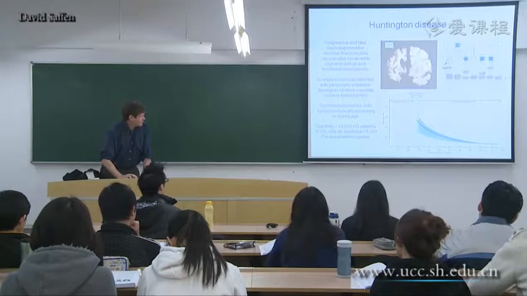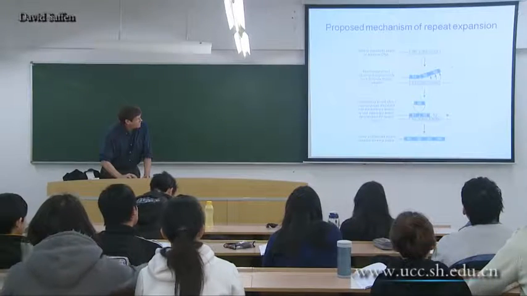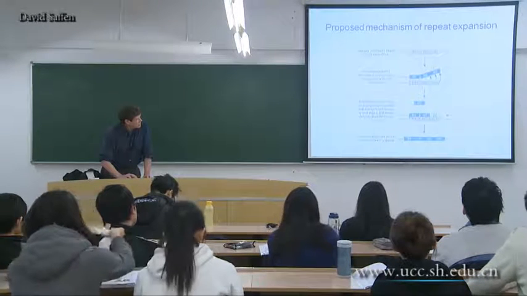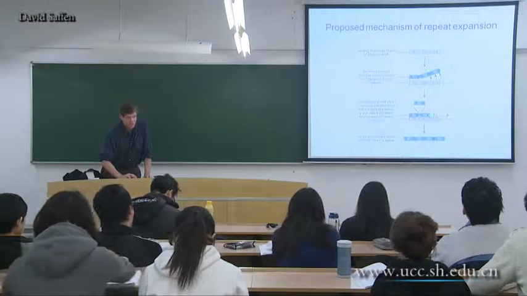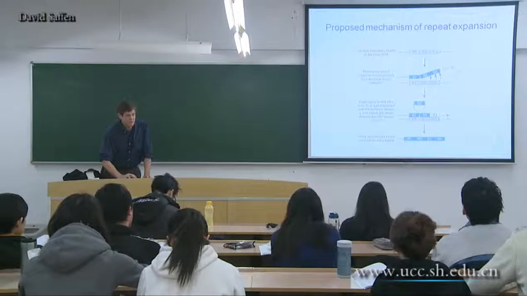Now the mechanism thought to underlie this is that during the replication of this part of the DNA that contains this repeat, the newly synthesized strand may dissociate and then reassociate inappropriately, forming this kind of template for DNA polymerase to work on.